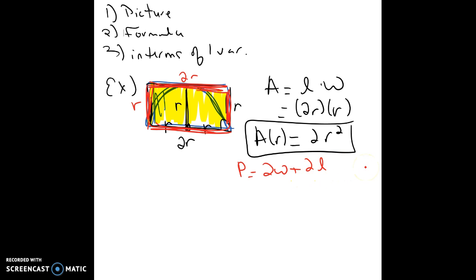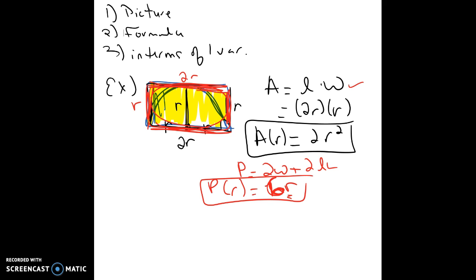But the reality is I can look and see that if I go around that rectangle, the distance around is 6r. And notice I only have r, so I could write that as a function with r as my variable. So perimeter as a function of r would be 6r. That one's nice because you have just a general formula and right away you just have r's, so it's not that big a deal.